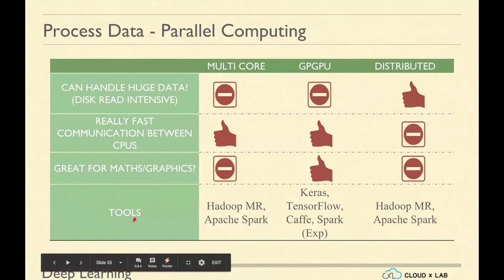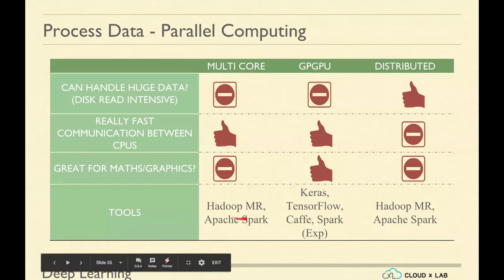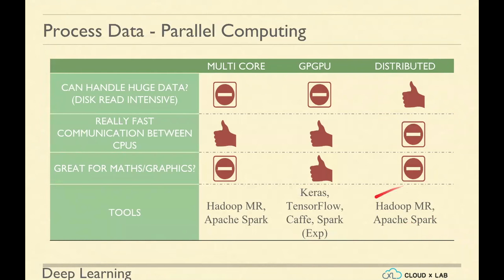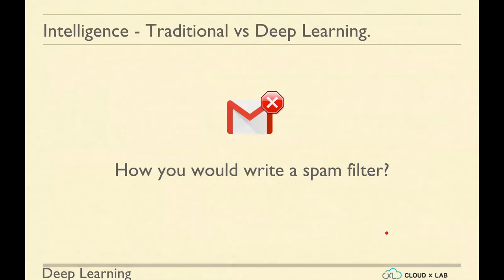And the tools that you require: for multi-core, anything can run, right? Even normal scikit-learn or other tools can run. While in the case of GPU, you need tools that take advantage of the GPU. In the case of distributed, you would require Hadoop, Spark, or TensorFlow.